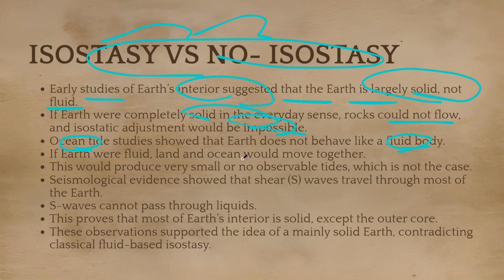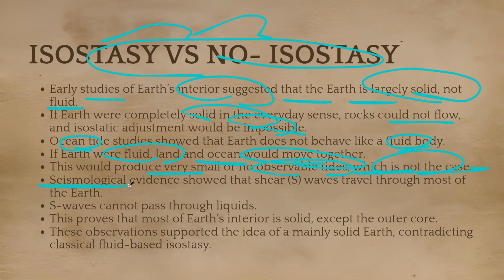If Earth were fluid, land and ocean would move together. So it's totally illogical to say that Earth is fully fluid, because otherwise land and ocean would move together and we would not be able to see tides anymore.